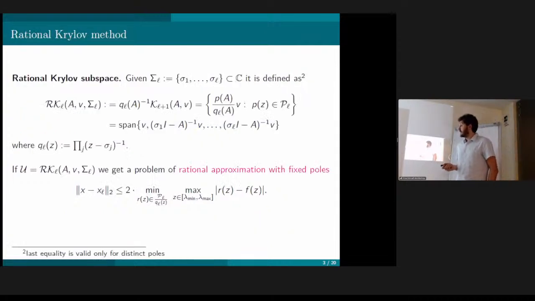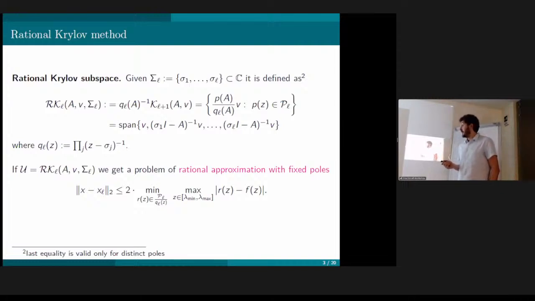But of course, for us, polynomials are not good because we have a singularity in 0, and probably you have some eigenvalues close to 0, so you have to move in the direction of rational functions. And that's why you consider the rational version of the Krylov subspace that has already been introduced and is defined with this expression.